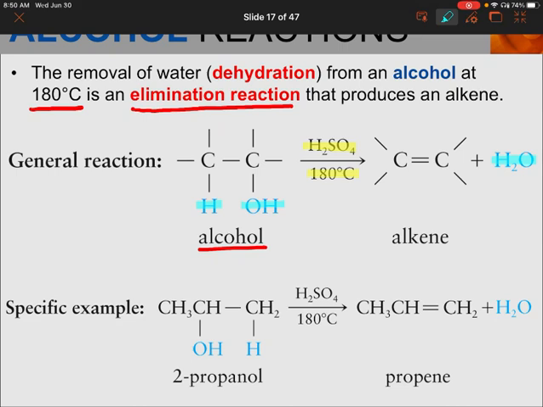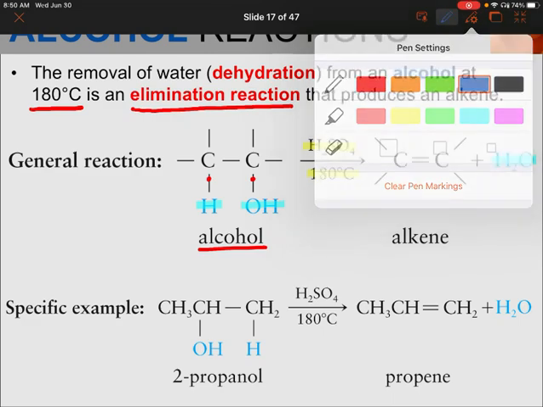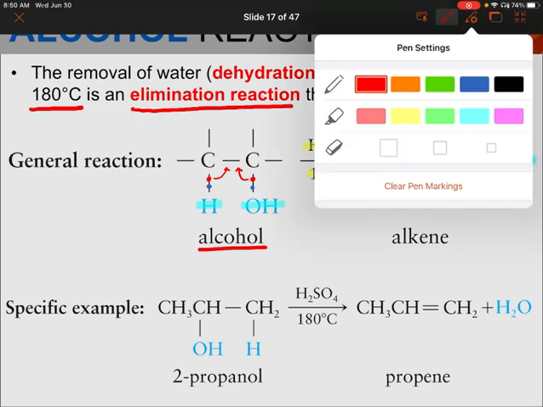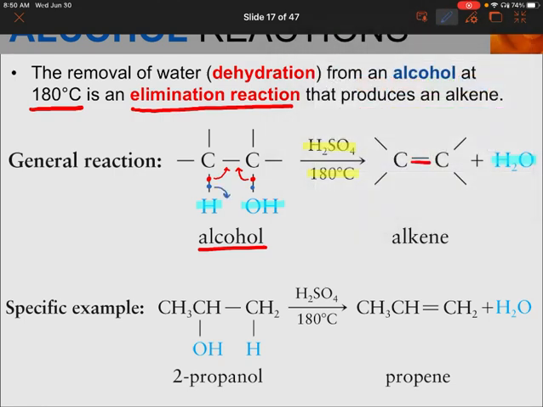Additionally, if we draw our electrons here, the red electrons are going to team up together and form our double bond, and then the blue electrons are going to team up together and reform that bond between the hydrogen and the OH group to create water. So then at the very end, we get an alkene.